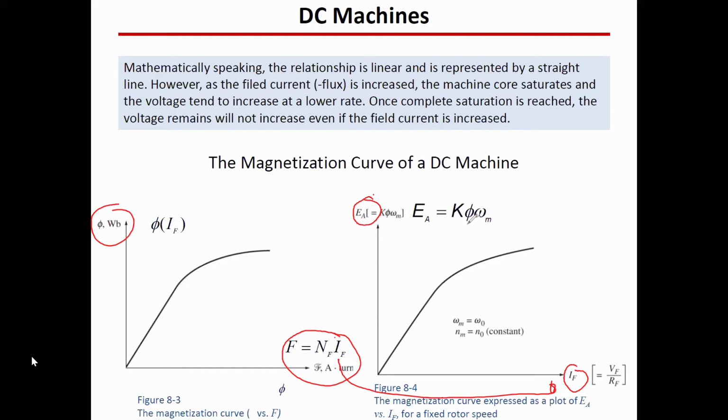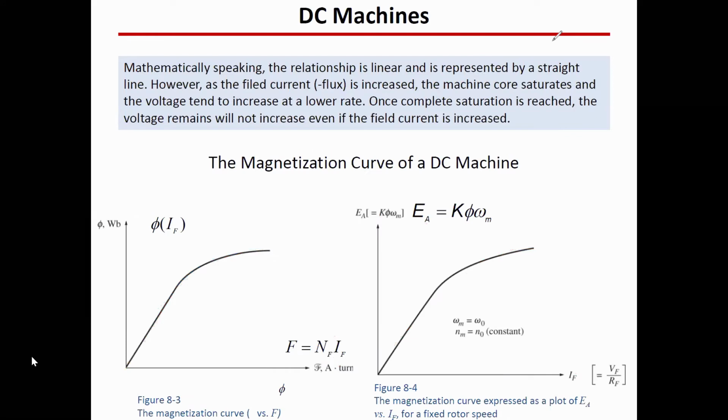So no, the one that you control is IF. The one that is an output, a result, is IA. So you want just to show the relation. What will happen if we increase the input, which is IF, to the output, which is EA?